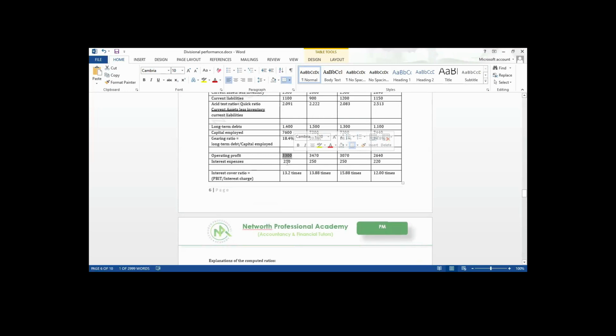Please don't multiply by 100. 13.2 times. Please, you have to put that times. Number of times the company's operating profit covers interest expense. The higher the figure, the better for the company.